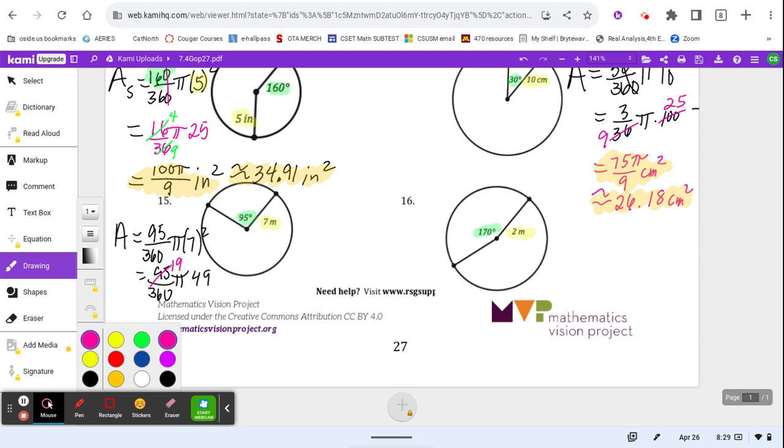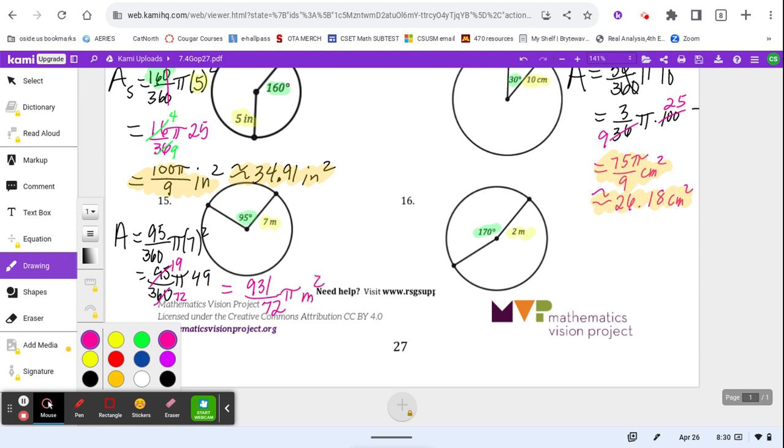And how many times does 5 go into 360? 72 times. And so on the top, 19 times 49 is 931 over 72 pi meters squared.